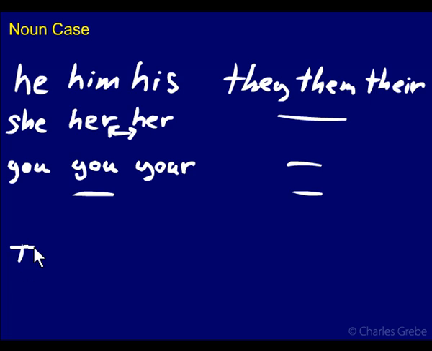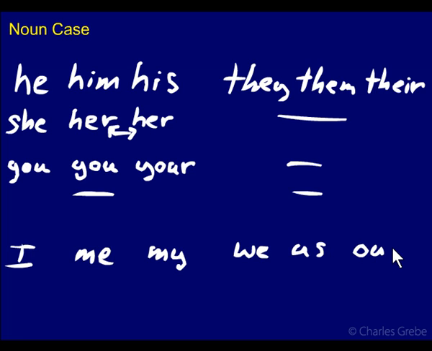In the first person, we have I. I went to the store. She loves me. Okay, not she loves I. And it's my ball, not me ball, or eyeball. Well, eyeball means something else, right? We in the plural, and us in the accusative plural, first person. And our is the possessive. It's our ball.